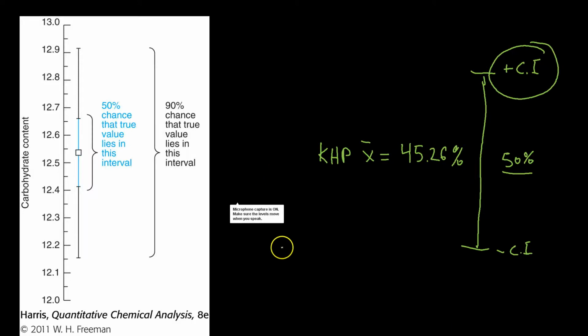Okay, and so in order to do that, we need to remember the equation for confidence intervals. So CI equals your value, we'll call this X, plus or minus T times S over the square root of N. All right, and so in this case, I give you a number of these values.